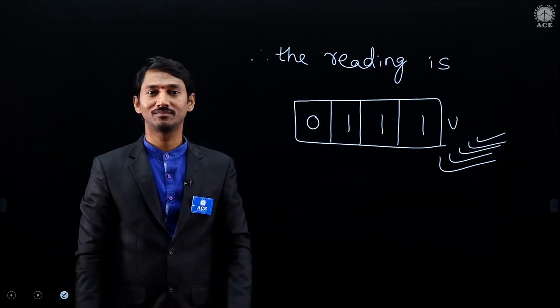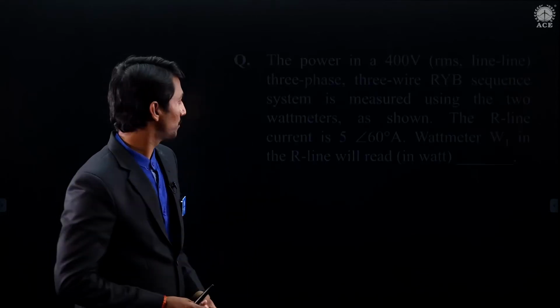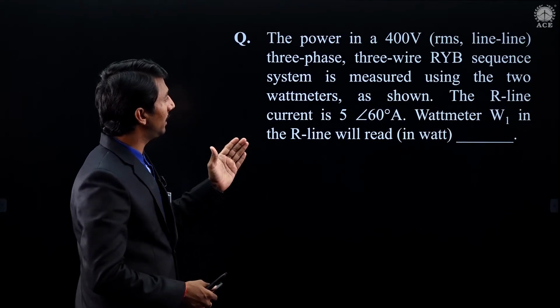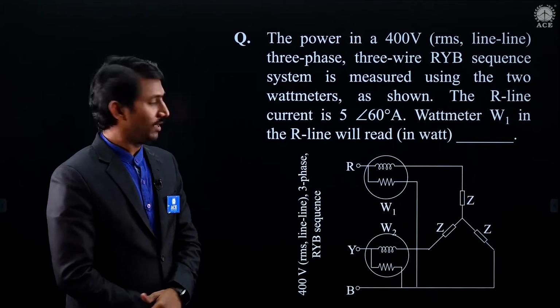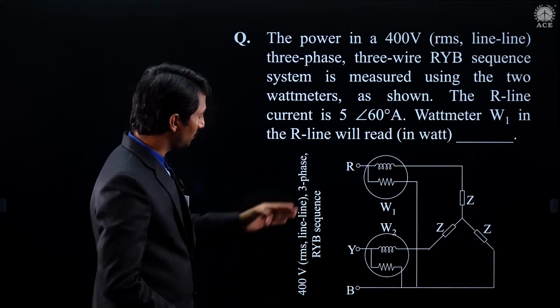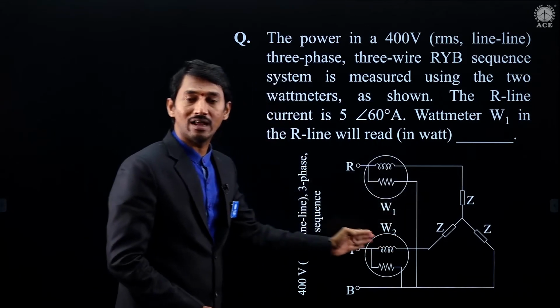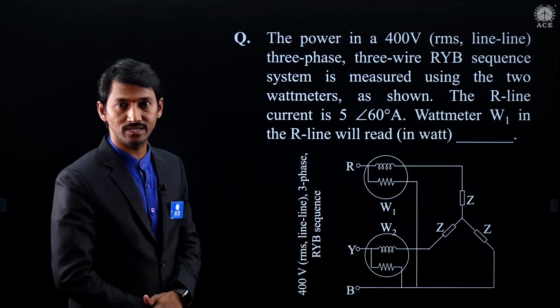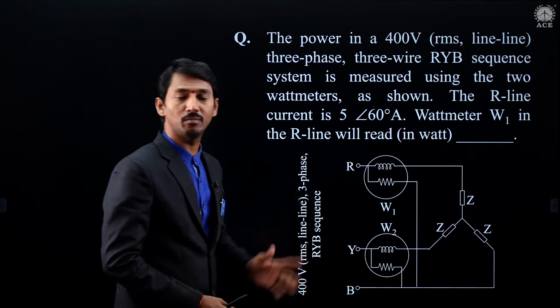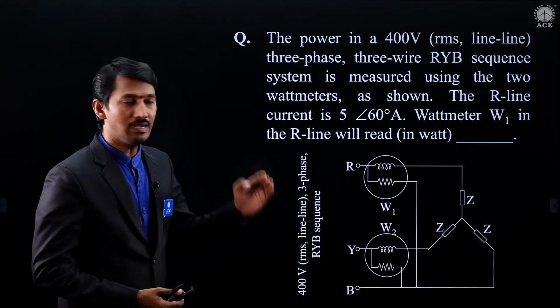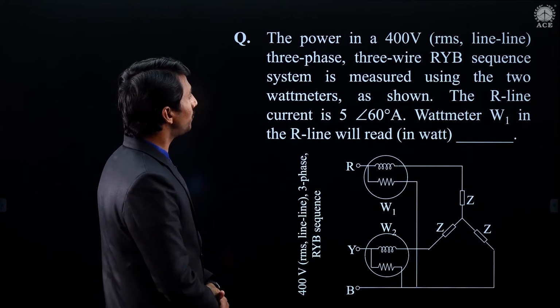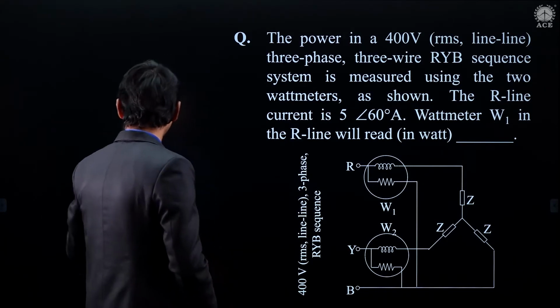Clear? The next question from measurements is related to power measurement. Here the given figure has the 3-phase RYB lines, a star connection, and the 2 wattmeter method structure. Let us see the question. The power in a 400 volt RMS line to line, right?